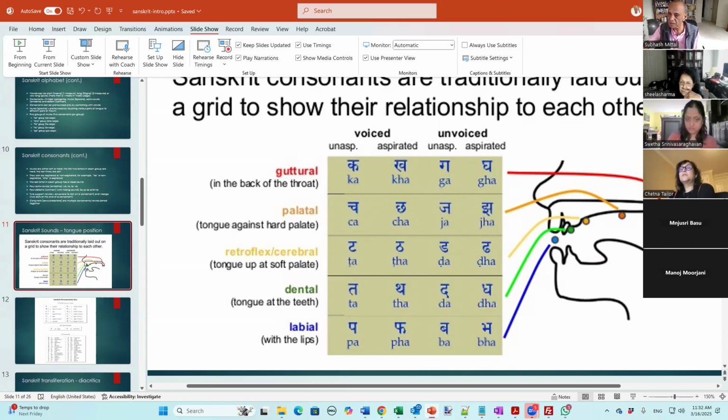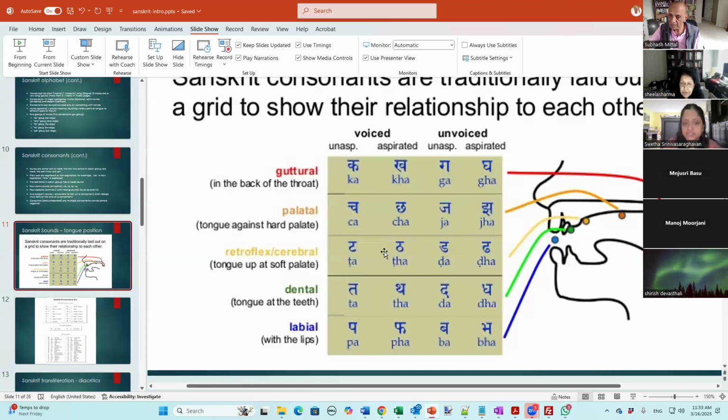K, K, G, G. Then you move a little bit further. Cha is called palatal, which is the hard palate. That's the back upper side of the palate, but slightly ahead of the guttural sound. That's the cha, cha, ja, ja.